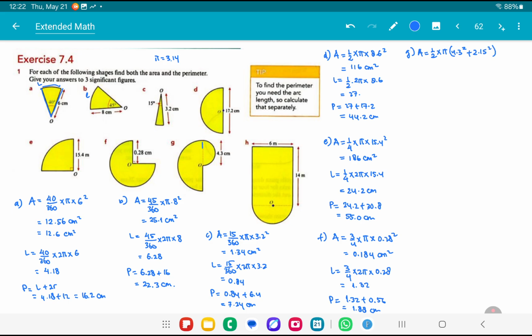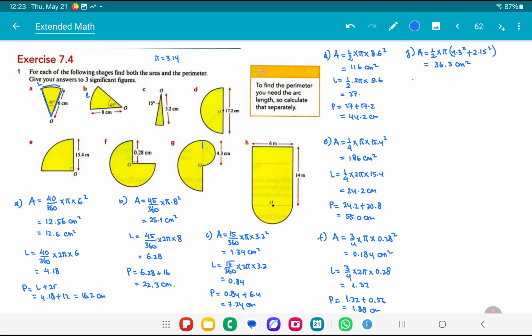And the final answer for the area, half of pi multiplied by 4.3 squared plus 2.15 squared. So we get the answer equal to 36.3 centimeter squared.